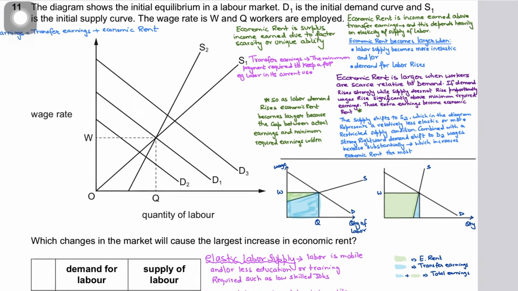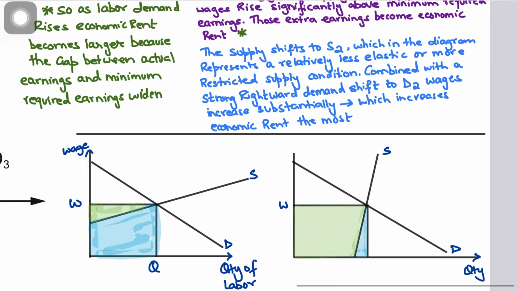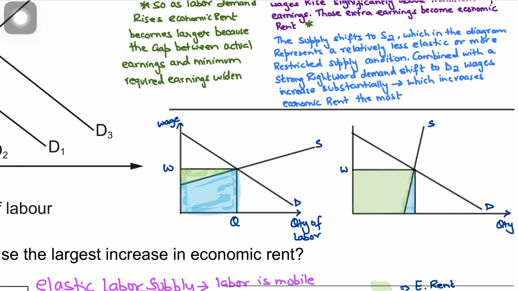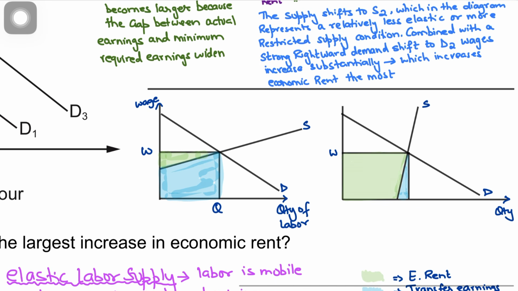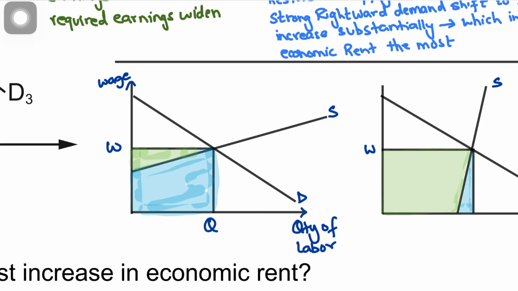So if I come to it diagrammatically, remember guys, this is the equilibrium wage W and quantity Q. The area under the supply curve is basically your transfer earnings, because the points on the supply curve represent the bare minimum workers would accept for this particular job.